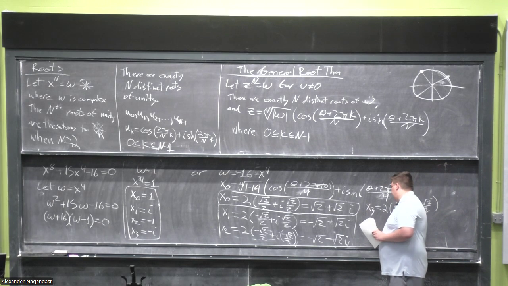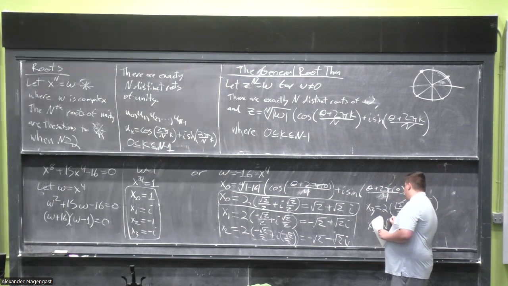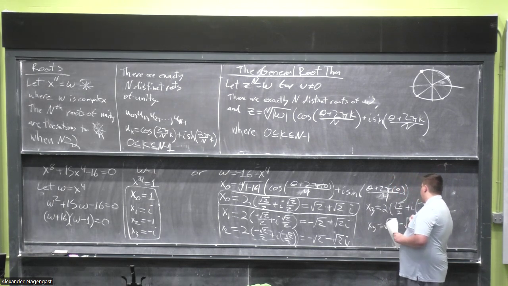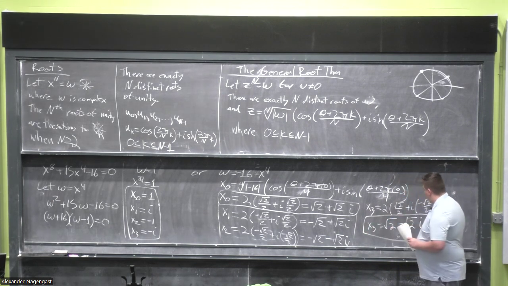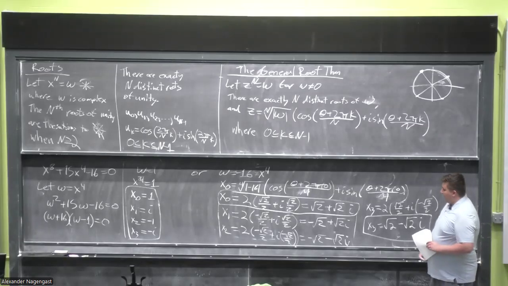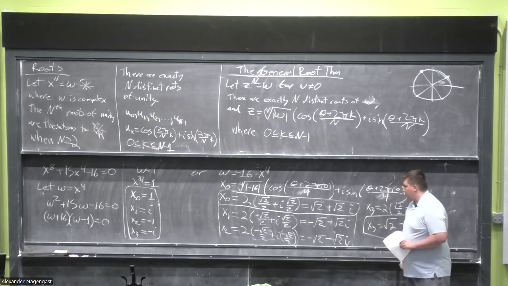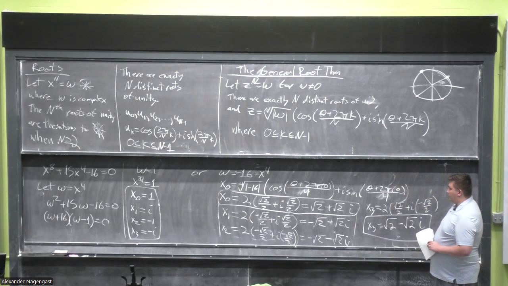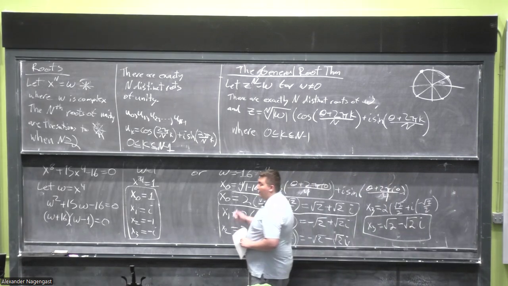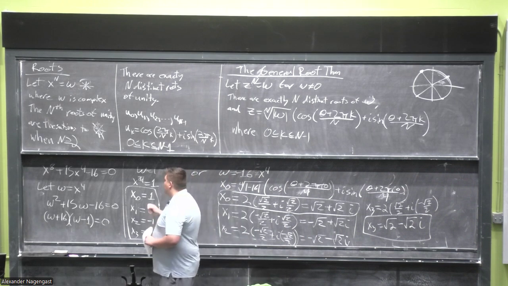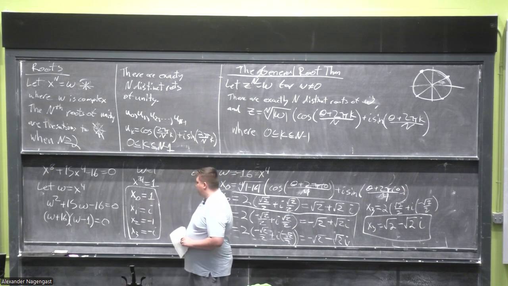So we have x3 is equal to square root 2 minus square root 2 times i. And there's our 4 roots of negative 16. Here are 4 roots of 1.